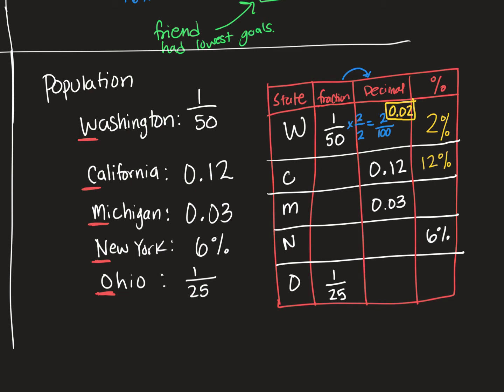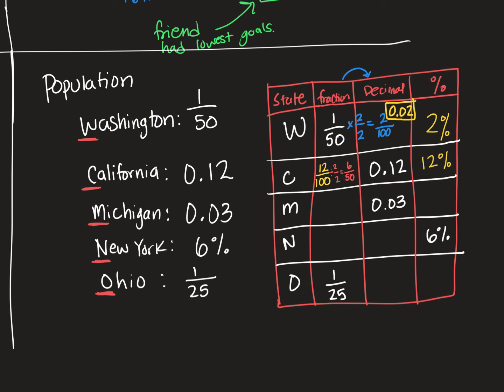And then the fraction form. How would I convert 12% to a fraction? 12 hundredths is the decimal, so the fraction is also 12 hundredths. I can simplify that fraction by dividing by 2, and if we get another fraction we can divide by 2, keep dividing by 2. I divide both by 2 and I get 6/50ths.